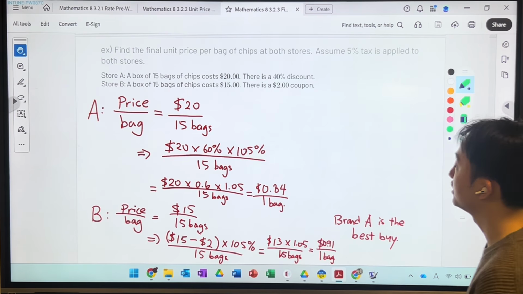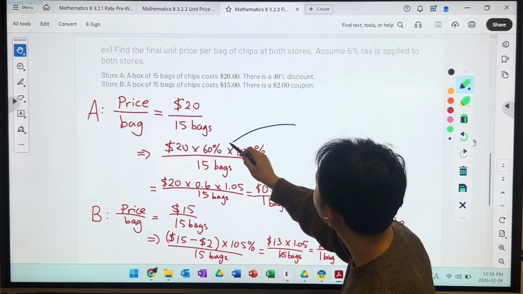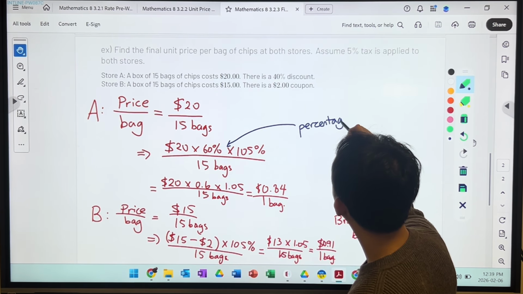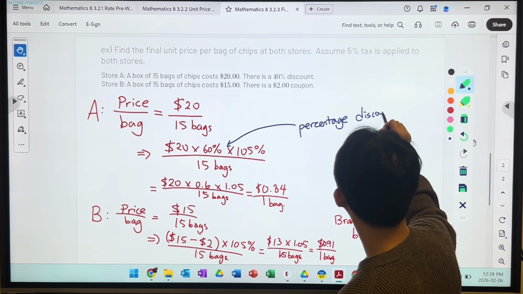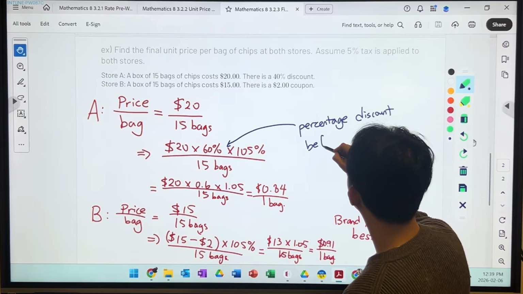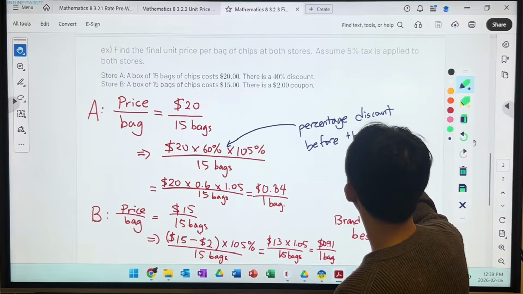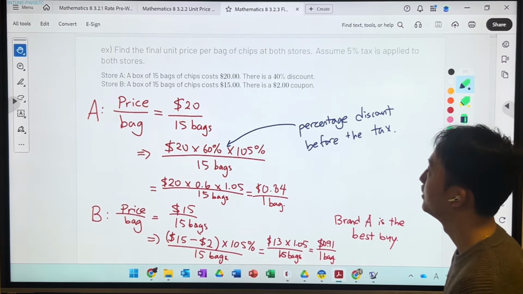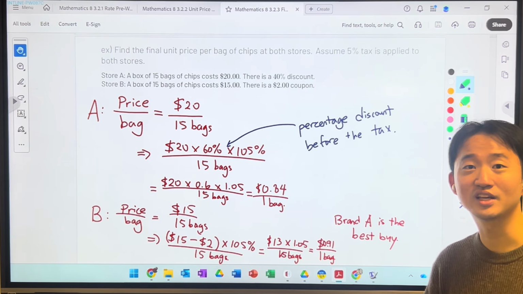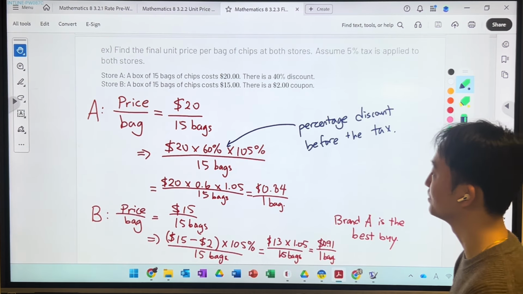Let's annotate the process here. We apply the percentage discount before the tax. I'll write it that way, but it's quite obvious that percentage discount before tax or after tax actually doesn't matter mathematically because it's all multiplication.